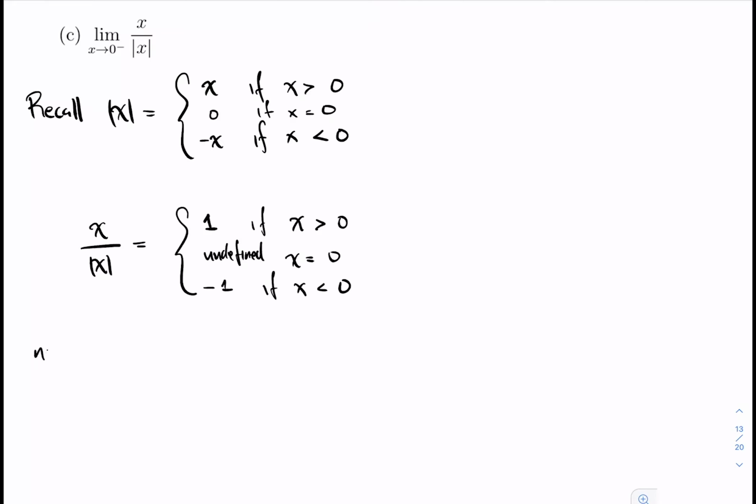Now let's find our limit as x approaches 0 from the left of x over the modulus of x.